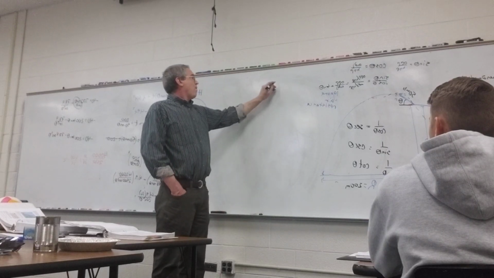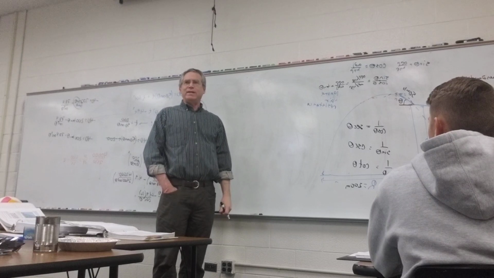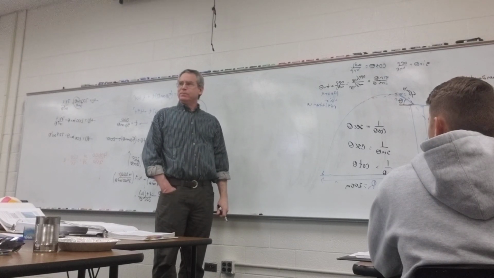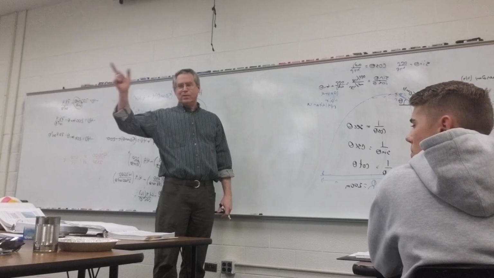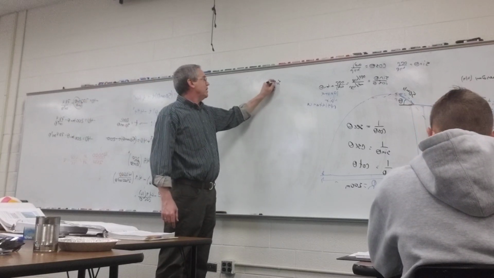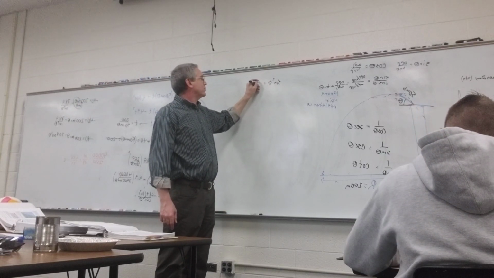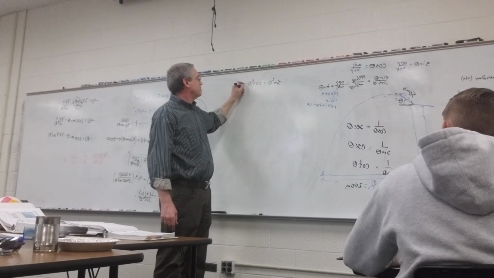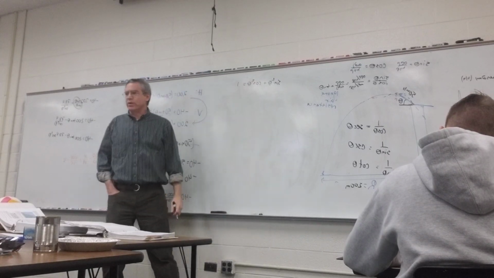All right. What is the basic trig identity? The one that relates sine and cosine together. Sine squared plus cosine squared equals 1. That's it. So sine squared of some angle plus cosine squared of that angle is equal to 1. That is a basic trig identity.